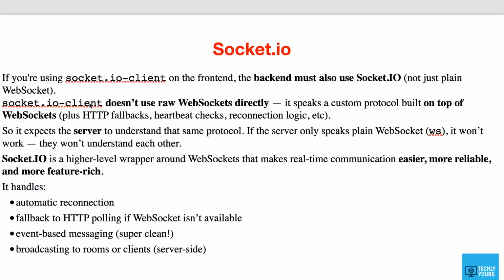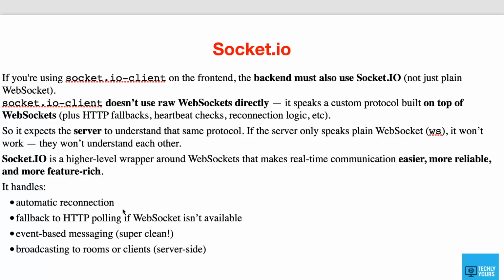The socket.io client does not use raw WebSockets directly. It has its own custom protocol which is built on top of WebSockets, and it will handle the errors and the connection loss, all the things itself. So it expects the server to understand the same protocol. That is why the backend must be on socket.io as well, otherwise it won't work.